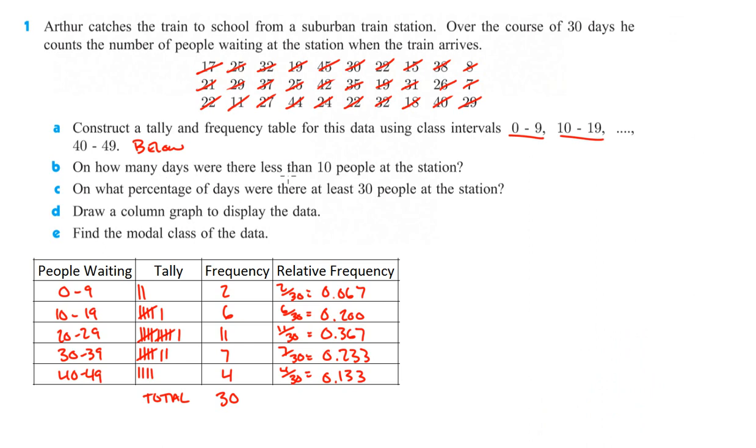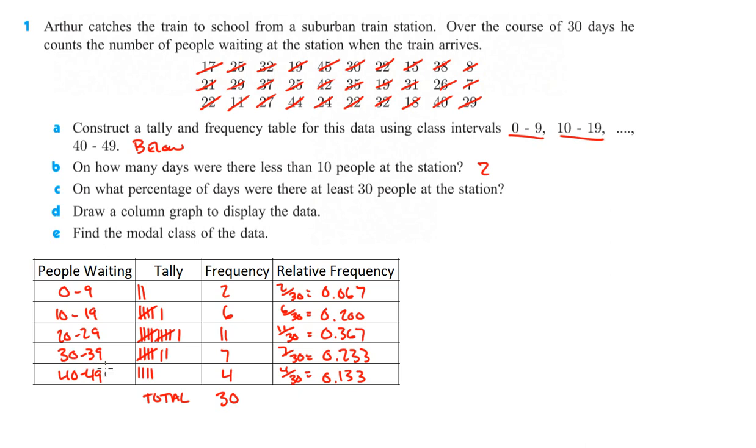On how many days were there less than 10 people at the station? So that would be this 2 here, right? Okay, and then on what percentage of days were there at least 30 people?